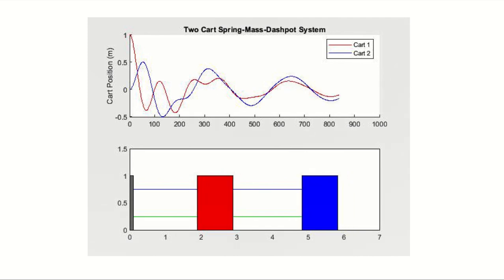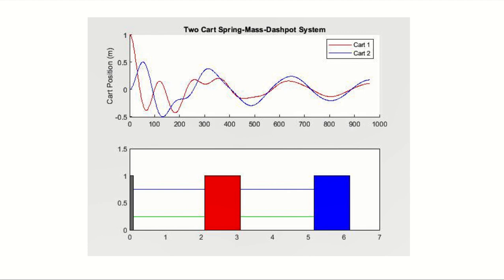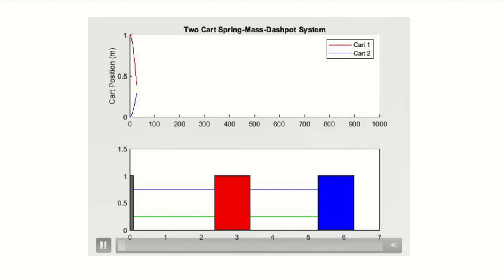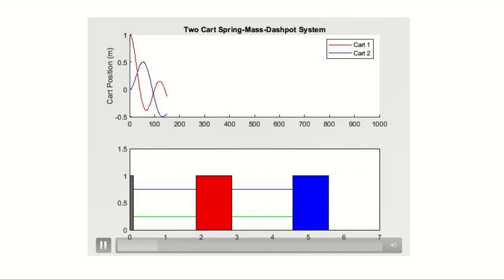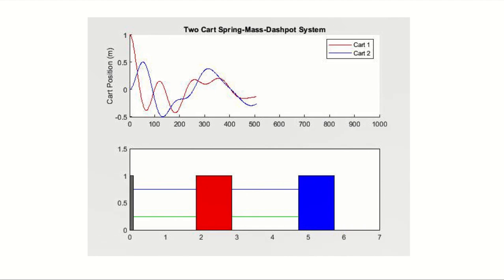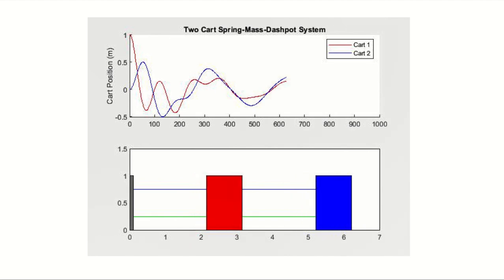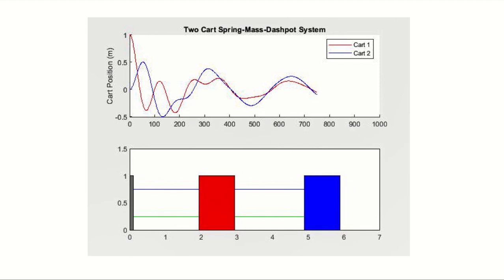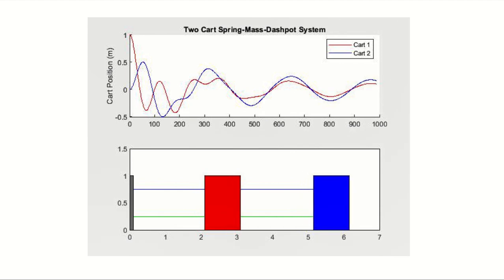If we are looking from the transfer function perspective, you have information of only cart 2. However, of course, cart 1 is also moving. So there is an internal state which is hidden when you only study the system with the transfer function model.